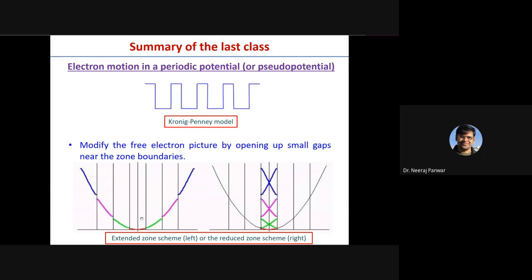If I translate it by minus G, where G is equal to 2 pi over a, or an integral multiple of 2 pi over a, this point will come here as is seen, and this point will come here. So this part represents this portion, and this portion is represented by this part. Similarly, the higher zone parts in the extended zone scheme can be translated to the first Brillouin zone like this. Whenever everything is contained in the first Brillouin zone, that scheme is known as the reduced zone scheme.